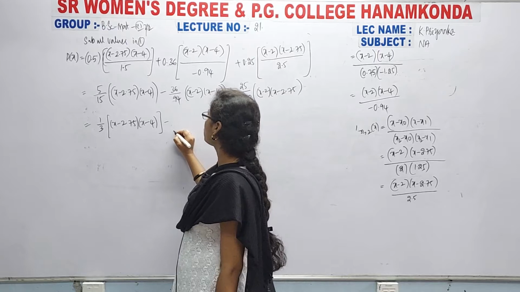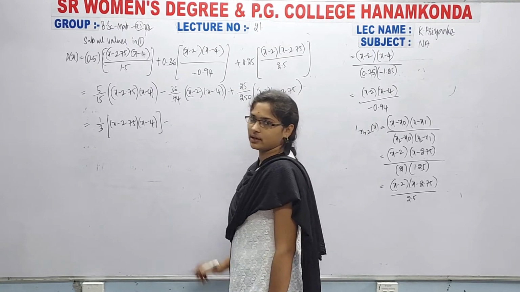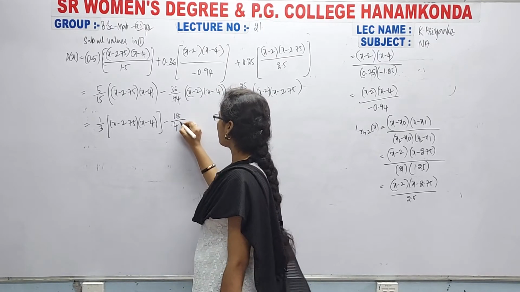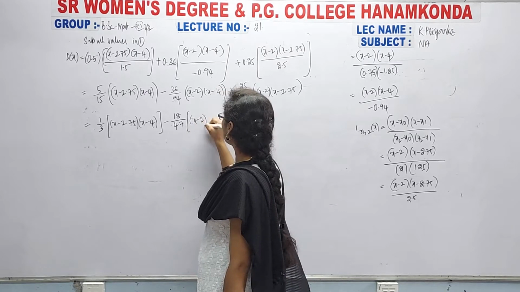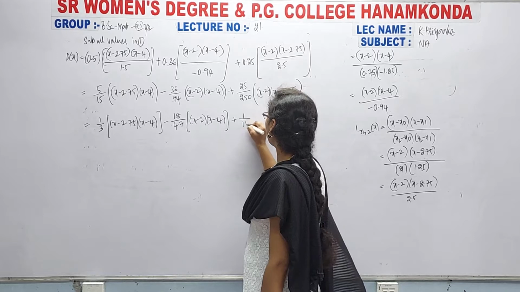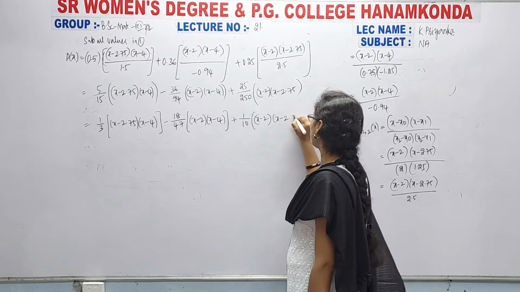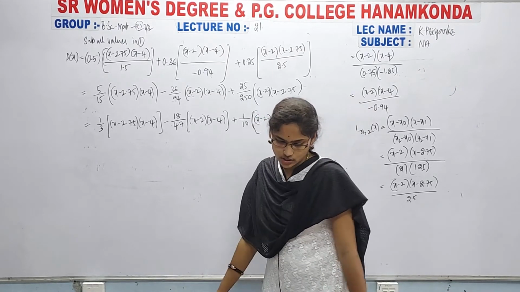Next minus, 2 18s are 36, 2 47s are 94, so 18 by 47 of x minus 2 into x minus 4, plus 1 by 10 of x minus 2 into x minus 2.75. So this is the answer.